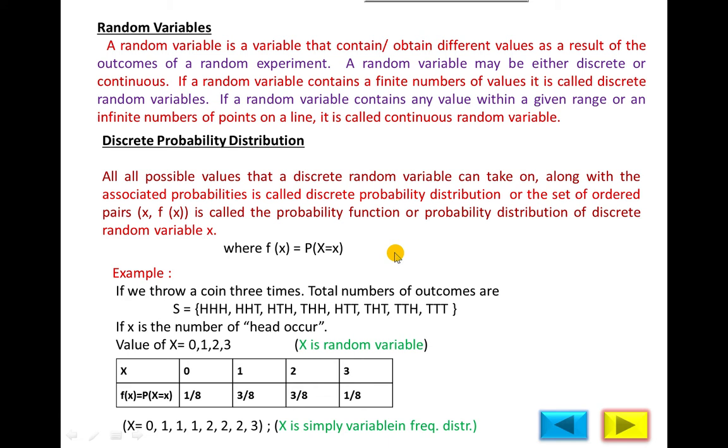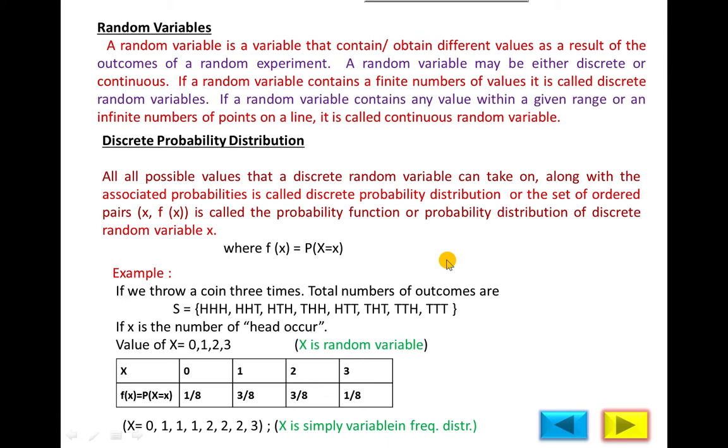So what is the difference? This is the most important thing. What is the difference between variable and random variable? You have solved three different questions in the frequency distribution table, three different types of data or variable. So what is a variable?